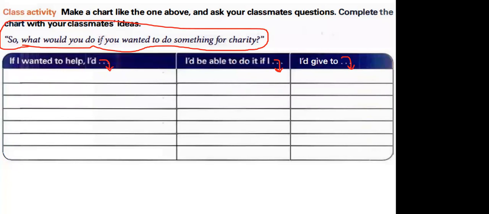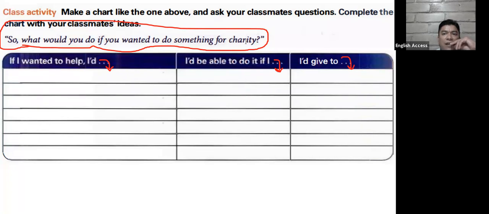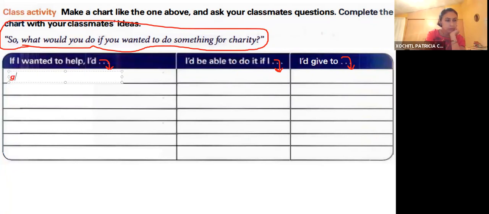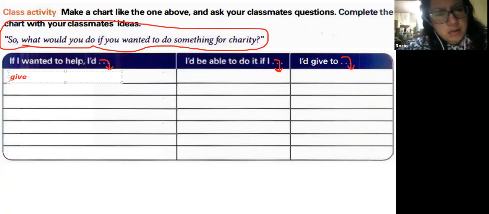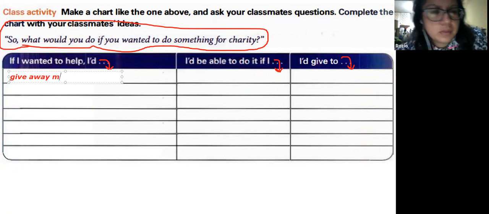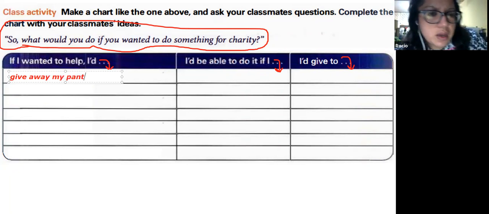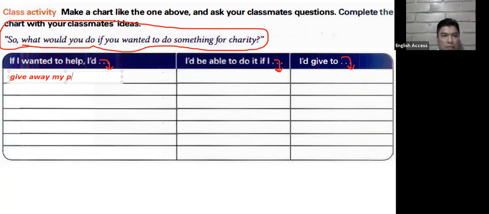Example. What would you do if you wanted to do something for charity? If I wanted to help, I would give away my books. Okay.